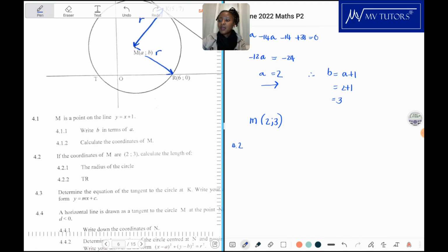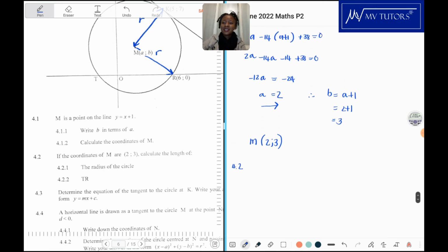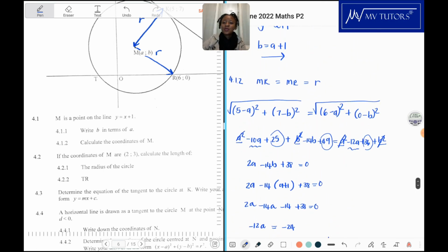Okay, so it says if the coordinates of m are 2, 3, calculate the length of the radius of the circle. I already said that the radius is equal to mk or mr, so I can just copy any of them.